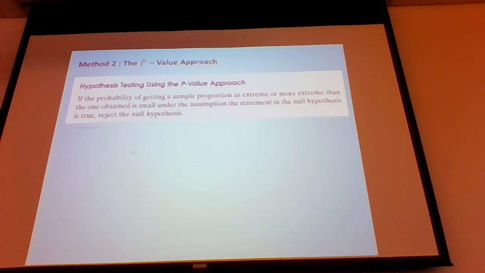But let's say your p-value, the probability of your sample proportion, is 0.1, but the value for your null hypothesis is 0.01. Would you reject or not? If it's more extreme, meaning it's smaller. So let's say your sample proportion probability is 10%.